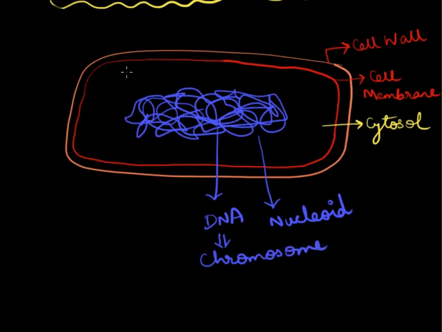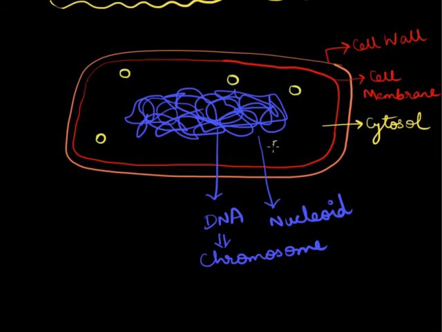But in many bacteria, there are some other smaller DNA particles found, and these are called extrachromosomal DNA or plasmids, and we represent them by tiny circles. They are actually circular DNA, so this is how we draw them.